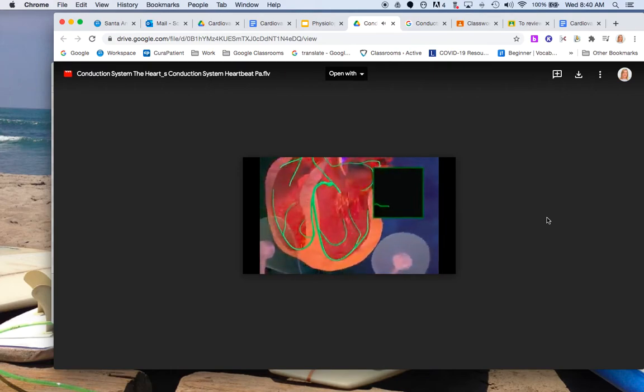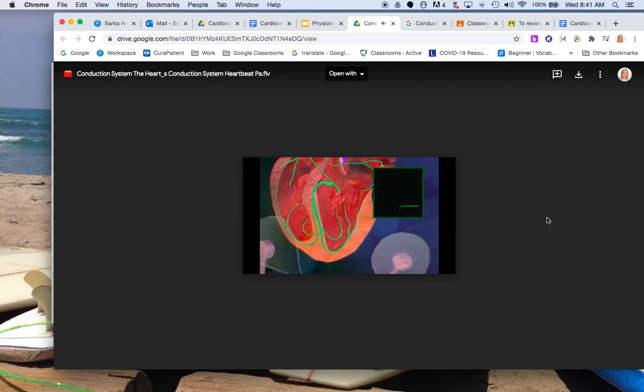The electrical signal continues into the ventricles via the atrioventricular node, or AV node, and then into the tissue that separates the ventricles called the bundle of His. The signal continues down the bundle and into the left and right bundle branches, located within the ventricles. When the signal reaches bundle branches, it causes the ventricles to contract and pump blood to the lungs and body, completing the heartbeat.